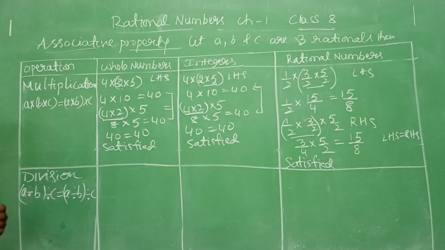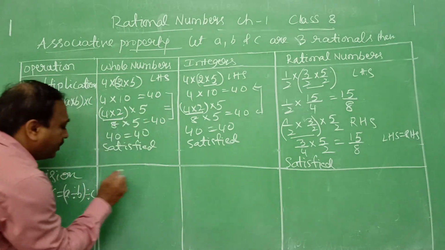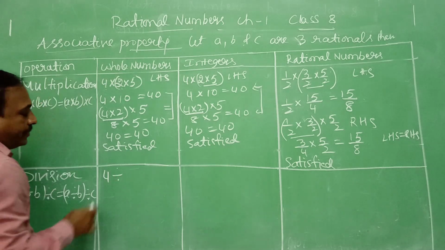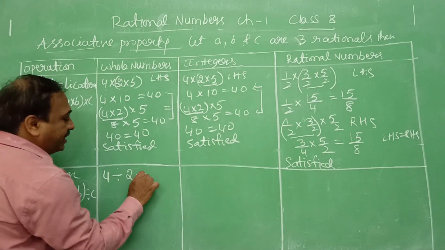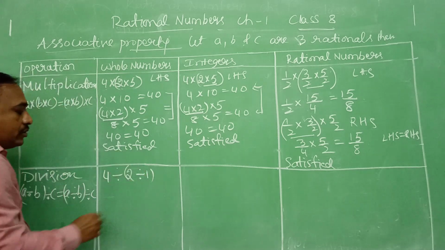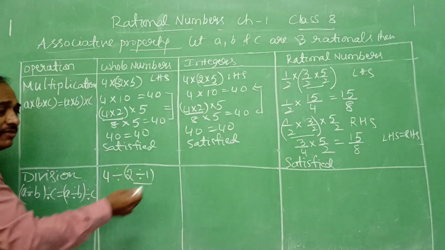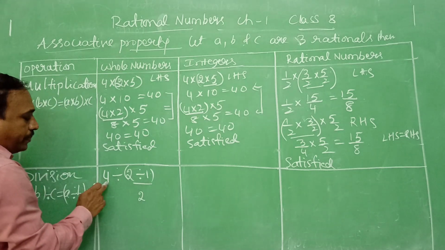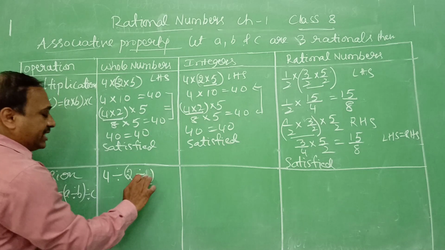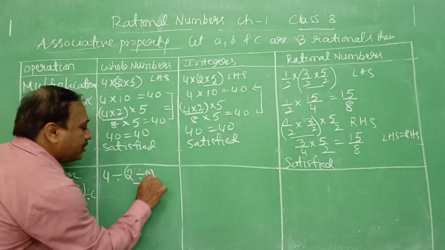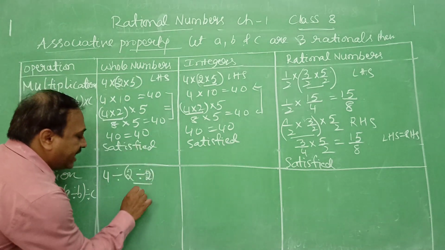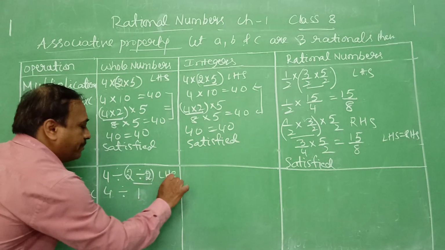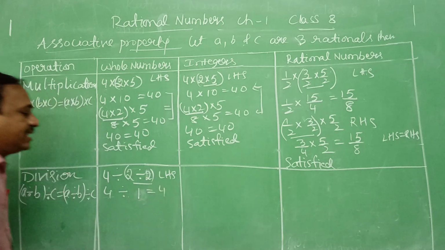So take the whole numbers like 4, observe it, 4 divided by 2 divided by 1. So bracket for these two, 2 divided by 1, 2 by 1 is nothing but 2. Or we change it as 2 by 2, 2 divided by 2, which we will get 1 divided by 4, this is LHS part I am talking. 4 divided by 1 is 4.